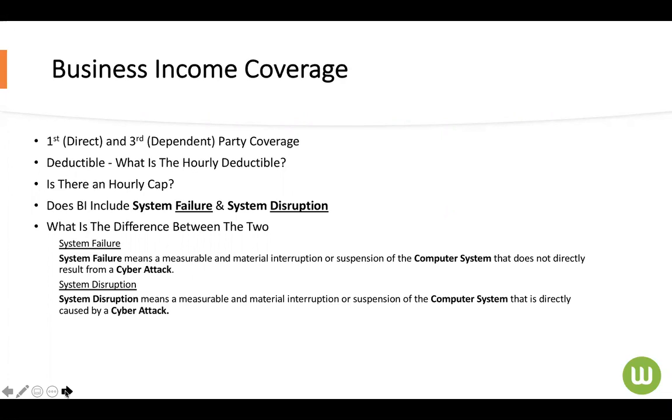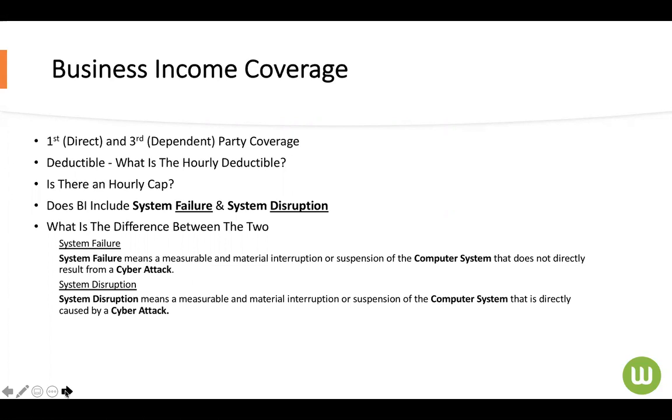Access's policy happens to say 6, which is probably one of the lowest, if not the lowest in the industry. Is there an hourly cap to what business income would be capped at? Our form, or Access form, does not have that.